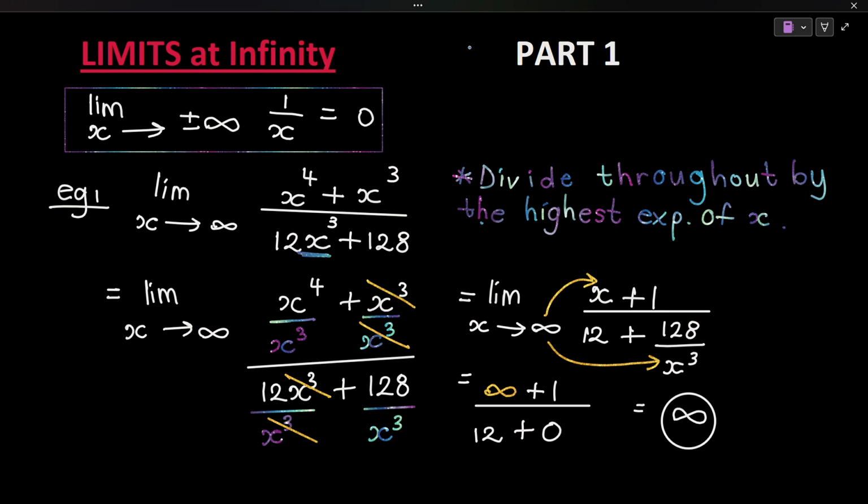The next step is for us to simplify, and once we simplify, we are going to have some terms that cancel out. After you simplify, any term that is of the format 1 over x will be replaced with 0 once we make use of the limit. So divide throughout by the highest exponent of x, simplify, and we know that we make use of the rule.